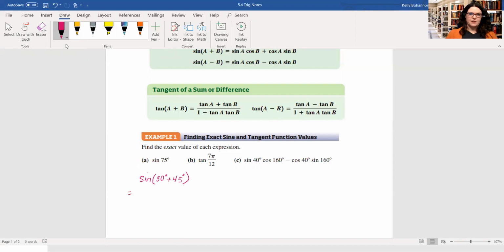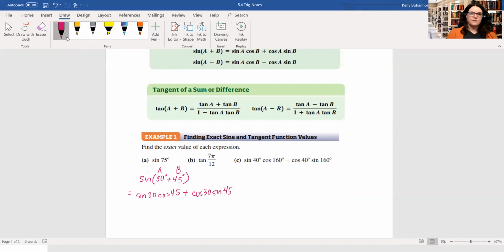And if I use my identity, we'll call this A and this B, that's going to be sine 30 cosine 45 plus cosine 30 sine 45.